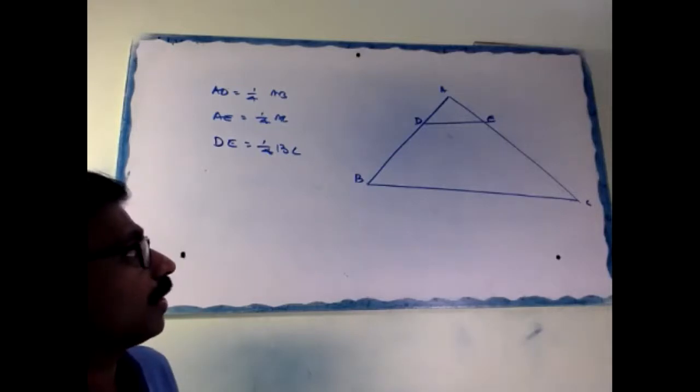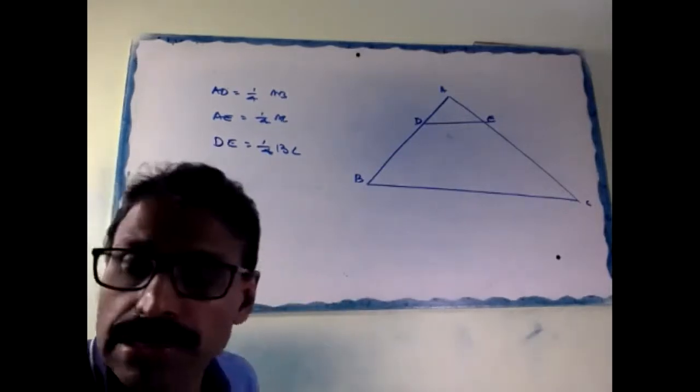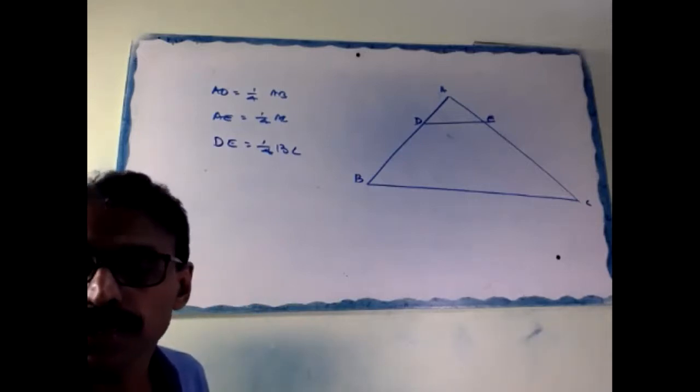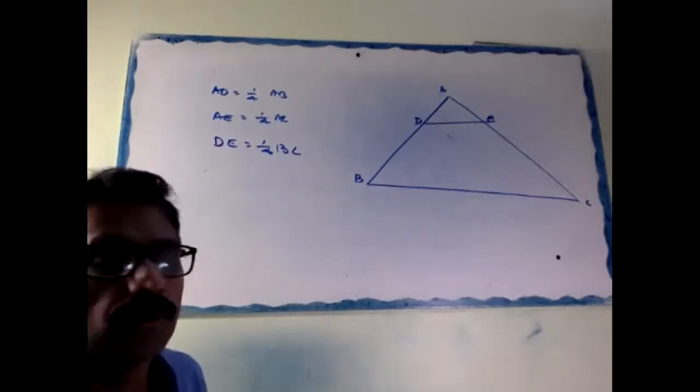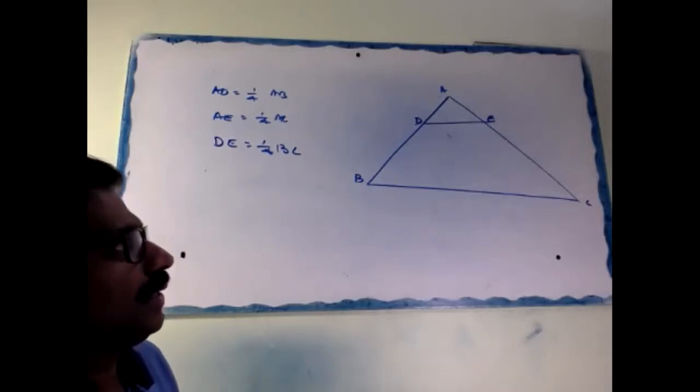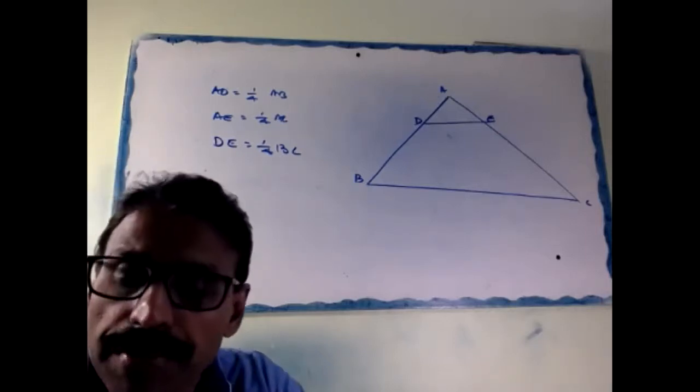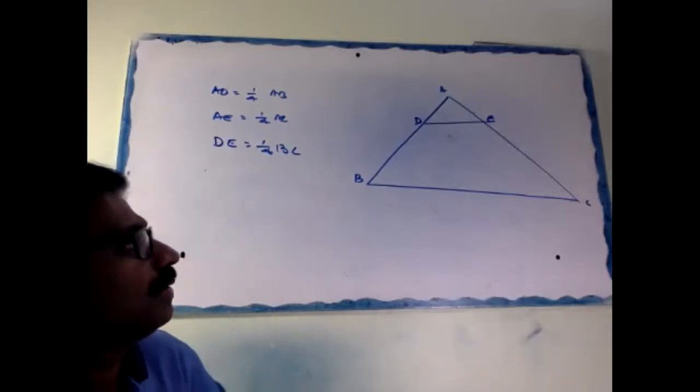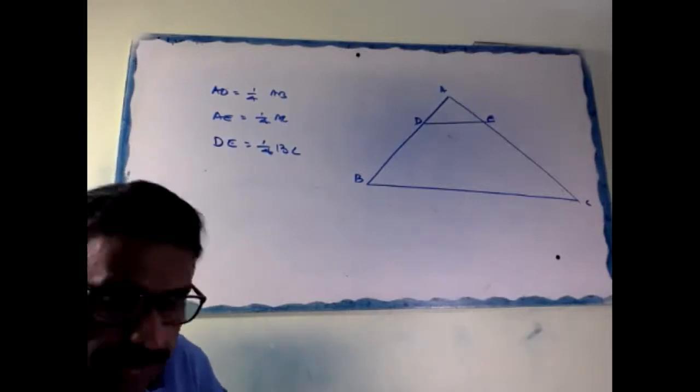AE equal to 1 by 4 AC. Prove that DE equal to 1 by 4 BC. Okay, draw the figure.